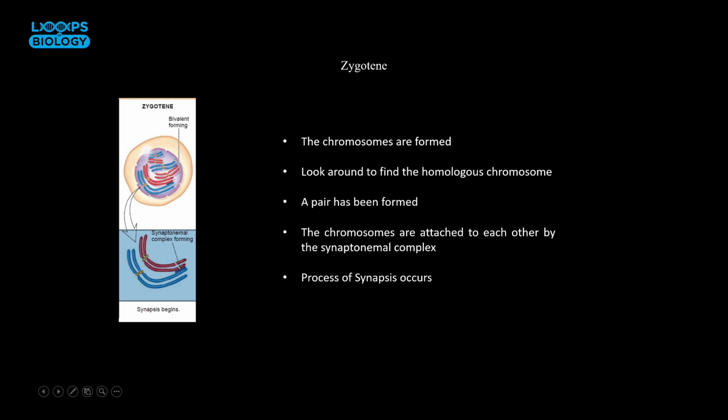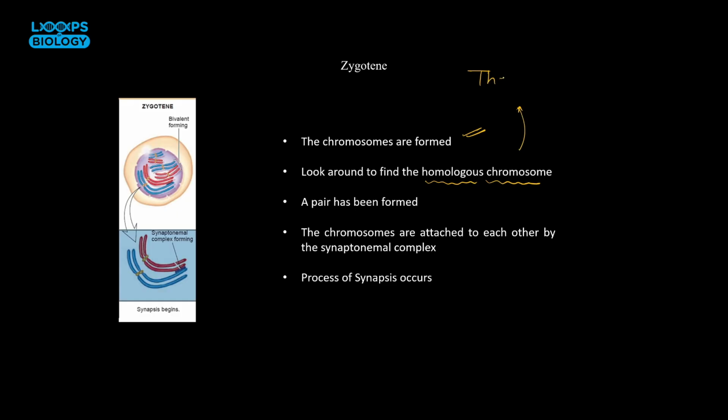Moving to the next phase, that is zygotene. In zygotene, the chromosomes are formed, and these chromosomes find their own pair, matching through their homology, that means complete similarity.